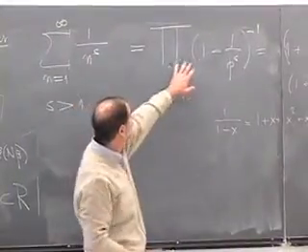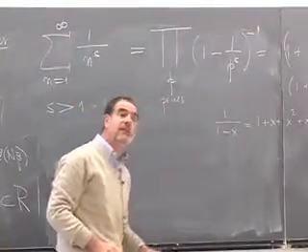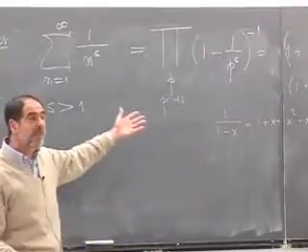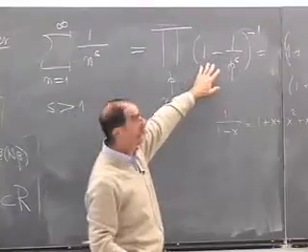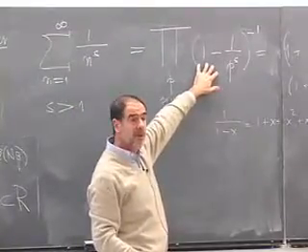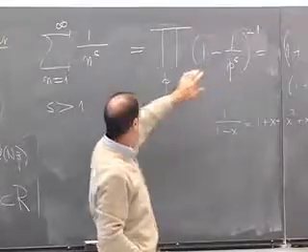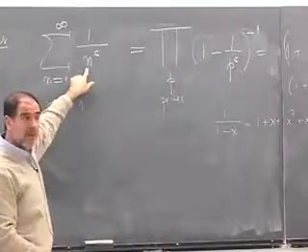And he did an awful lot with this. For example, he gave a really good proof that there were infinitely many primes. Here's a proof that there are infinitely many primes from this. If there were finitely many primes, this would be a finite product, so it would converge for all values of s. But this doesn't converge for s equal 1.